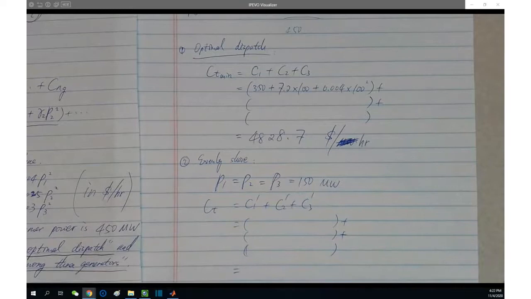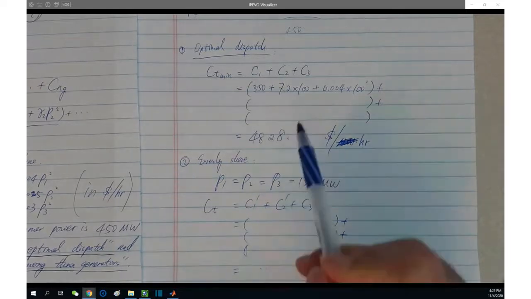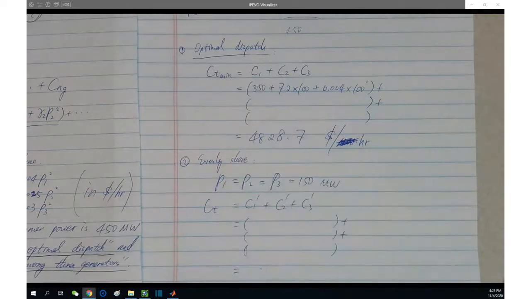Some of you guys realize this. This cost must be bigger, otherwise no sense. In other words, this couldn't be the optimal dispatch. It makes no sense when you've been working for 2 or 3 lectures, and eventually evenly share is going to save some cost. Wow. I'm going to be egged.